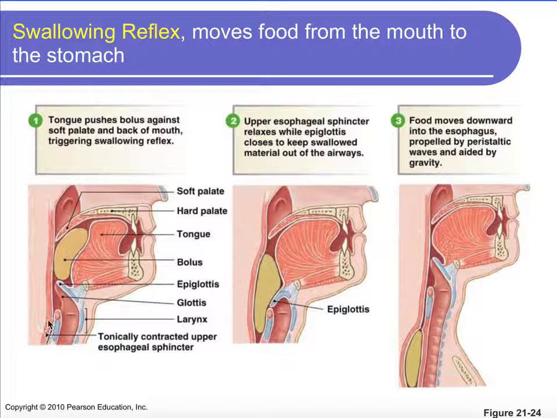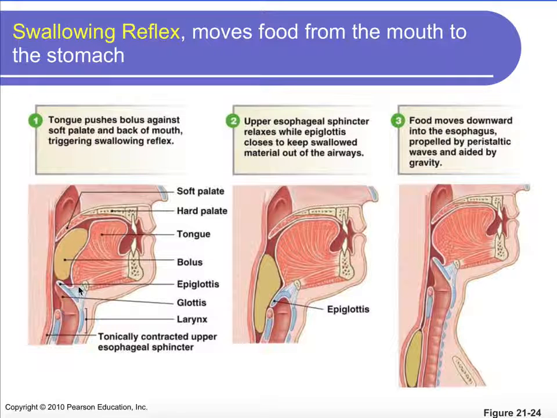So normally we have a tonically contracted upper esophageal sphincter. So this sphincter up here in the esophagus is tonically closed so that when we breathe, air will go down into our trachea. But sometimes we want to swallow our foods, and so that triggers a swallowing reflex. And basically what's going to happen is this upper esophageal sphincter will relax, and that will allow it to open so that the food can go down the esophagus.